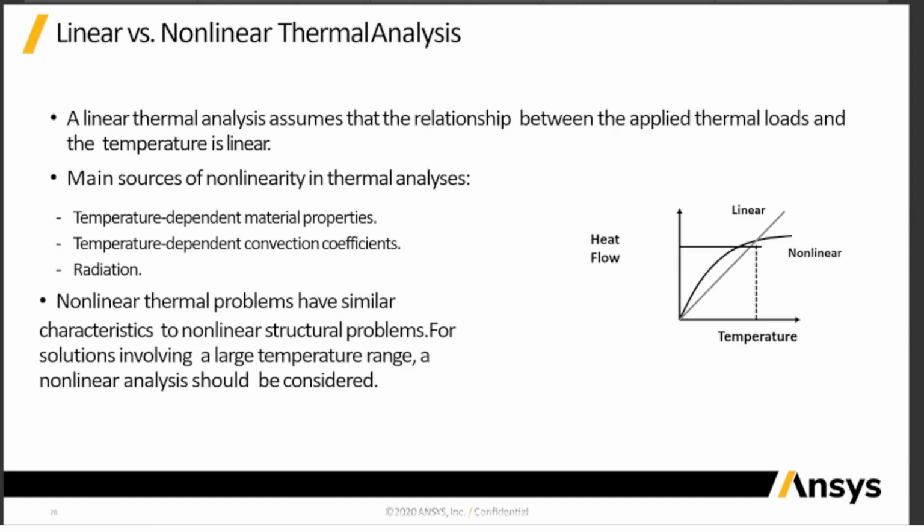Also, there are temperature dependent convection coefficients, which also cause nonlinearity in thermal analysis, and another reason is radiation. Nonlinear thermal problems have similar characteristics to nonlinear structural problems. For solutions involving a large temperature range, a nonlinear analysis should be considered.